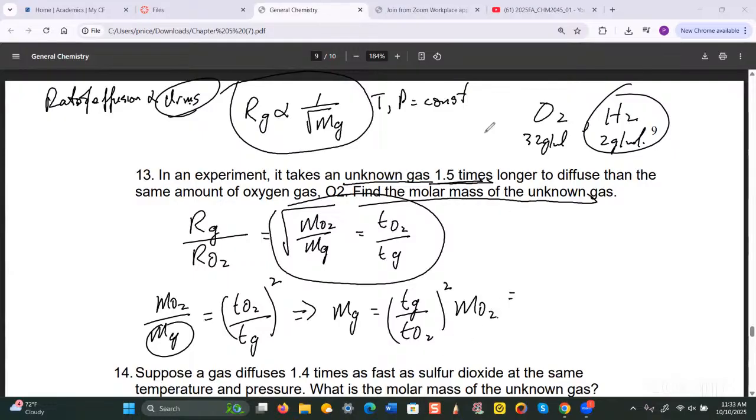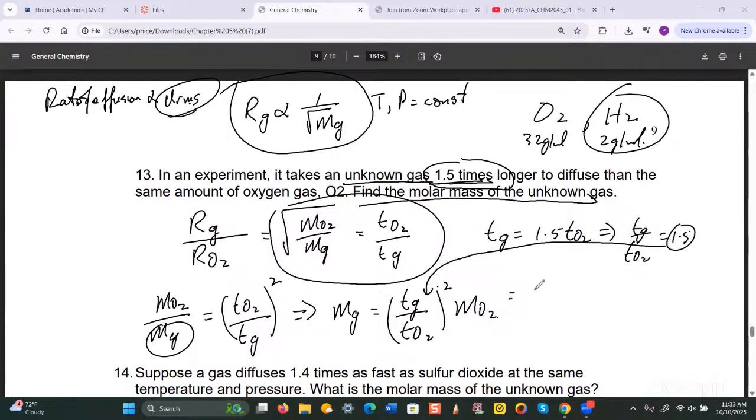Now, the thing is that they gave us this information here, right? The time of effusion of the gas is 1.5 times that of the effusion of oxygen. So therefore, we can say that Tg is equal to 1.5 TO2, right? Which means that Tg over TO2 is equal to 1.5. So basically, we can put 1.5 where we have that expression here.